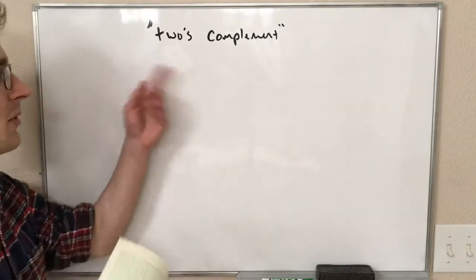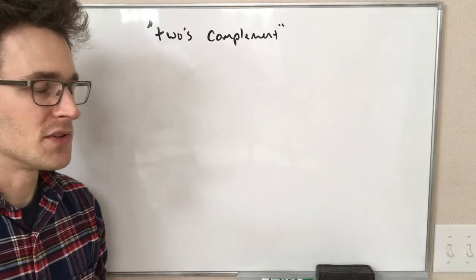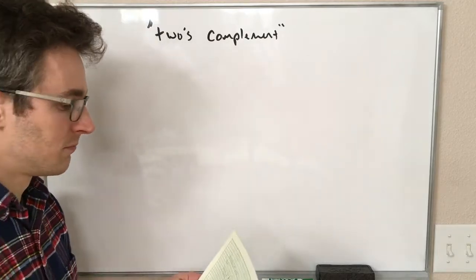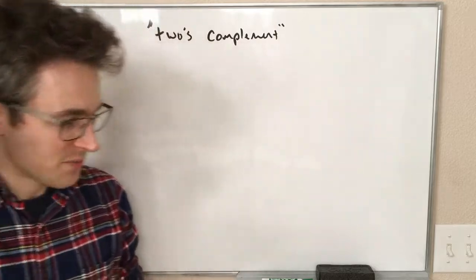So the idea of 2's complement is that this is a system for representing negative numbers that preserves some very convenient properties of integers.